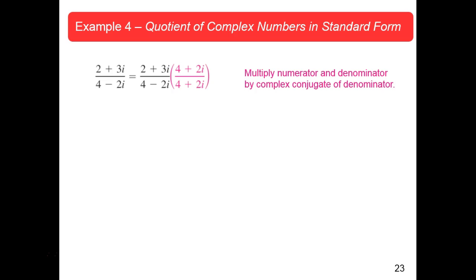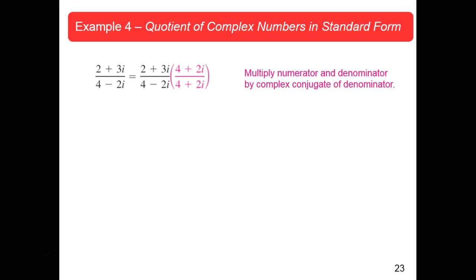Hang on to that. And then your imaginary parts will be 4i plus 12i, which would be 16i. So what do we say? 2 plus 16i. That's the numerator.